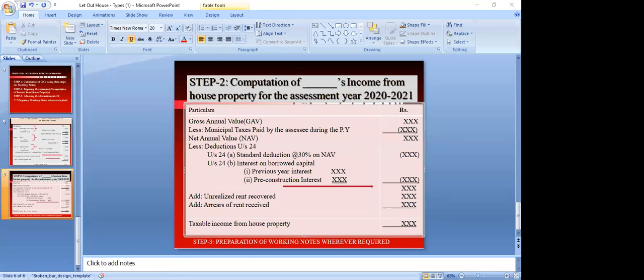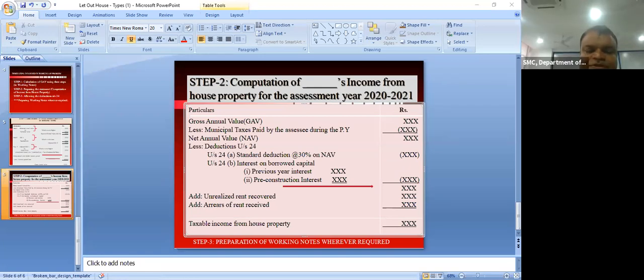Yes, sir. Problems from income from house property. If you look at the problem, those who have access to it can go through that problem. However, I am going to share the screen so you can see it; those who have access, you can open it.